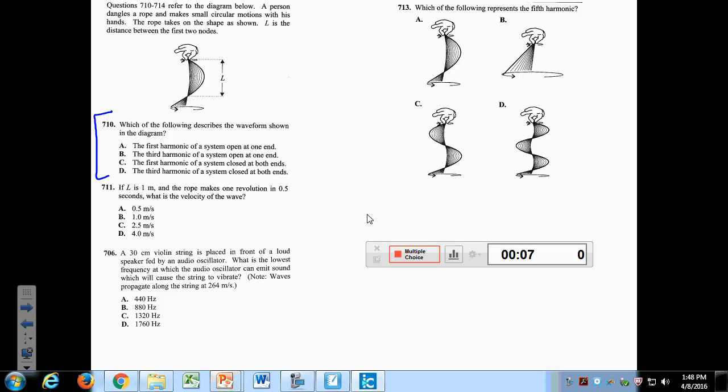You have this string and you're rotating it around so that it creates a waveform that looks like this. Which of the following describes the waveform? Is it the first or third, open at one end, or closed at both ends? It's fixed up here on your hand and it's allowed to rotate freely down here at the bottom.